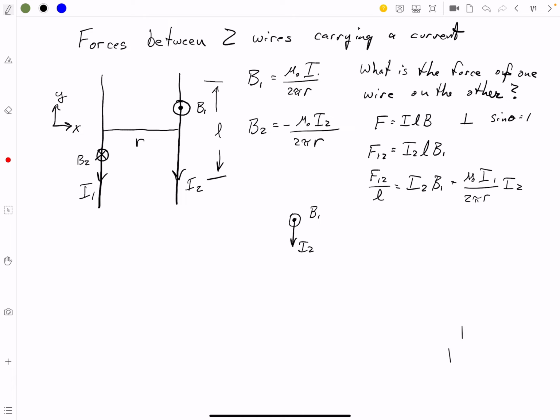I cross B. Okay, so we fold our fingers up from I2 to coming out of the page B1. That puts our thumb along the direction of F12. So F12, the force of 1 onto 2, is in this direction.